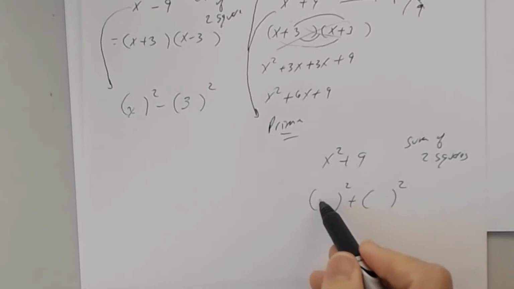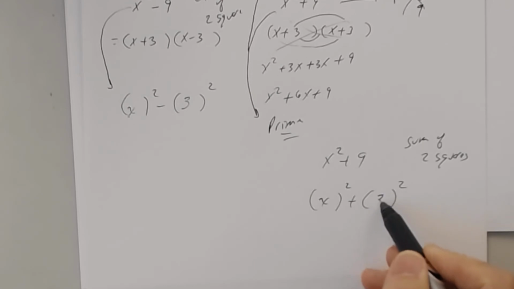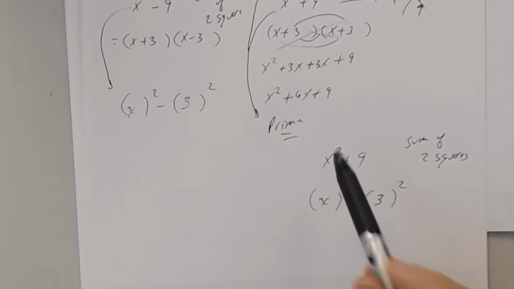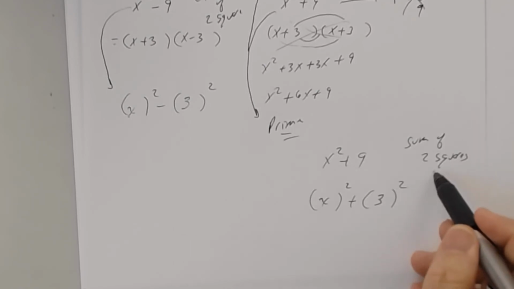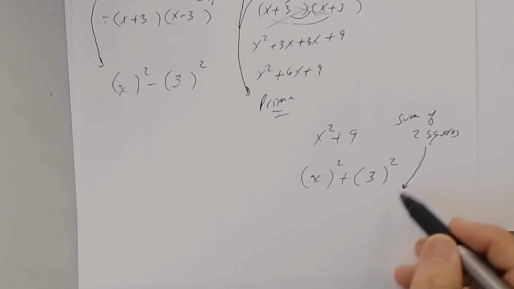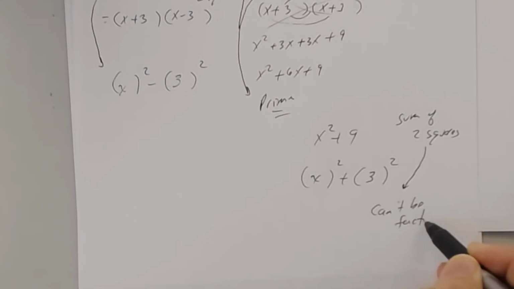What goes inside the parentheses? X and what? 3. Well, remember now that the sum of two squares cannot be factored. Sum of two squares can't be factored. Okay? Sum of two squares cannot be factored.